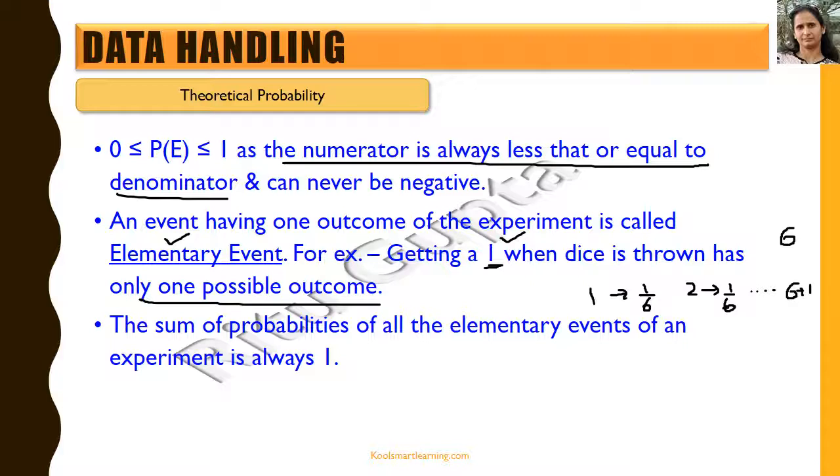So the probability of getting each of these numbers is 1 by 6, and if we add them, 1 by 6 plus 1 by 6 plus 1 by 6, six times, we get the sum as 1. So the sum of probabilities of all events of getting 1 to 6 is 1.